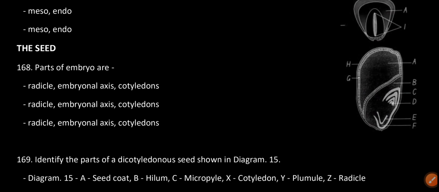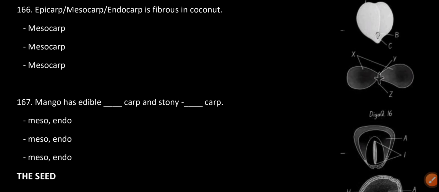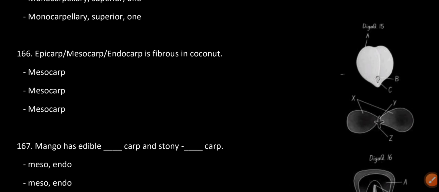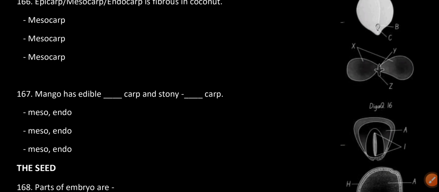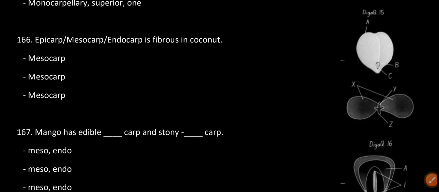A is seed coat and B is hilum. C is micropyle. Sorry, B is hilum and C is micropyle. Seed coat, hilum, micropyle.